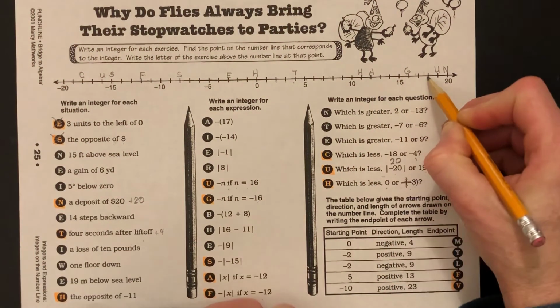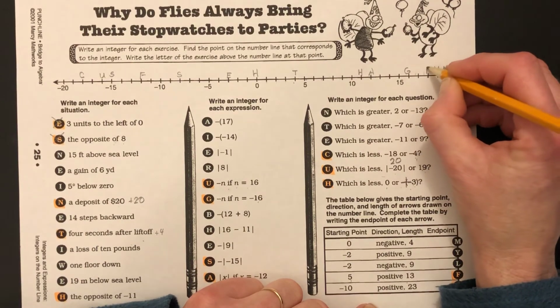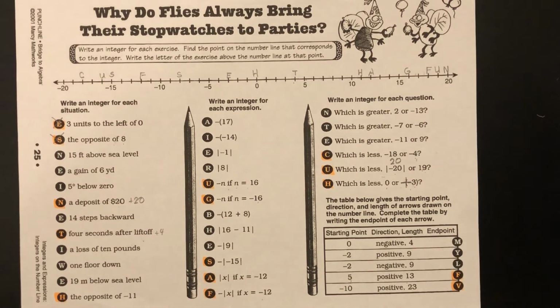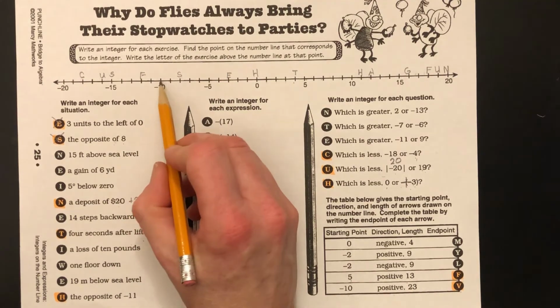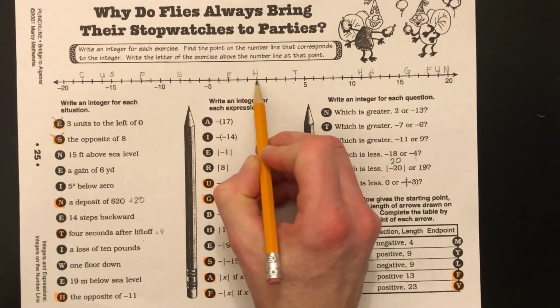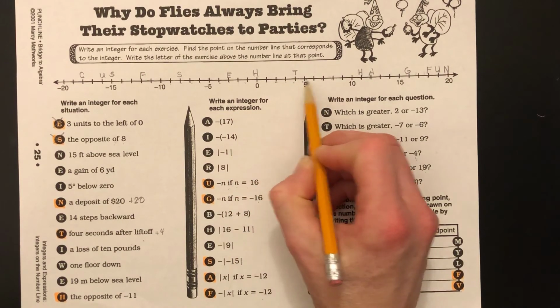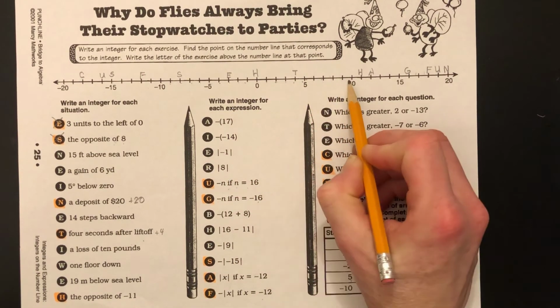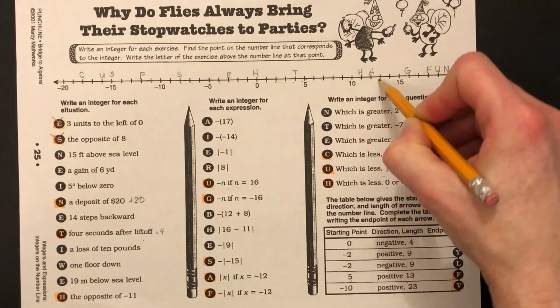It's 18. 18 is F. And finally, this V down here, we start at negative 10 and then we go positive 23. Negative 10, then we go 1, 2, 3, up to 23, and that's the letter V.